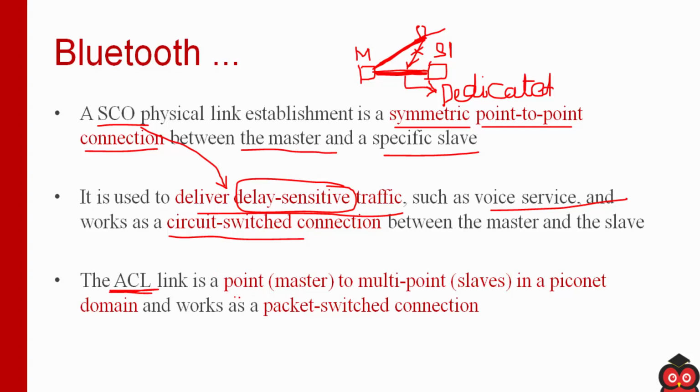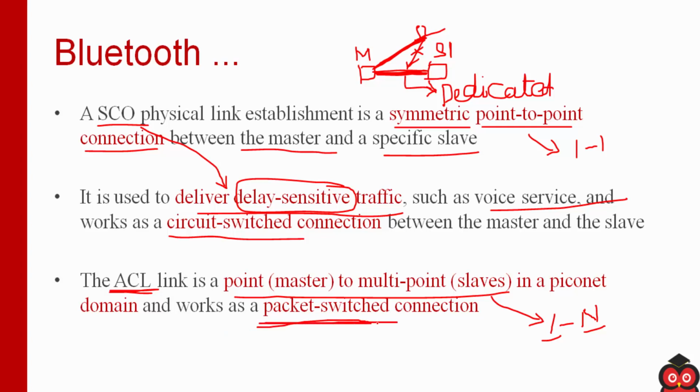And we have another kind of link, ACL, which is asynchronous connectionless link. This kind of link is called point to multi-point. If you see this SCO link, point to point, this is a one-to-one connection, whereas this point to multi-point is one to many, let's say 1 to n.